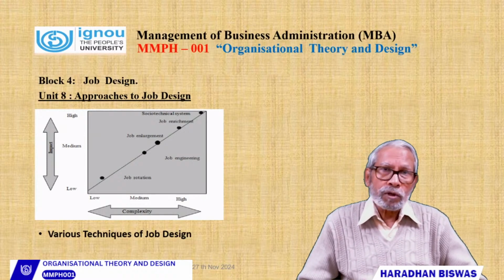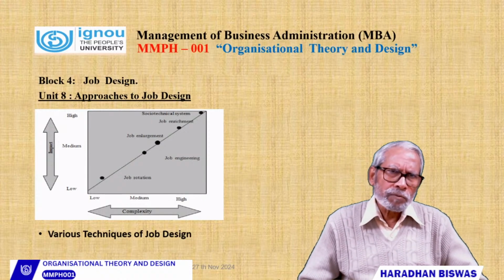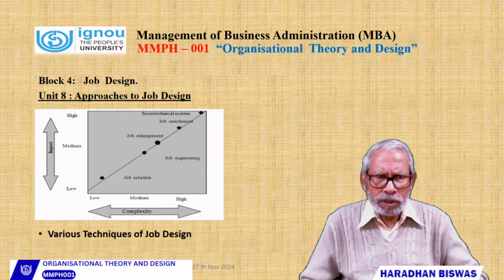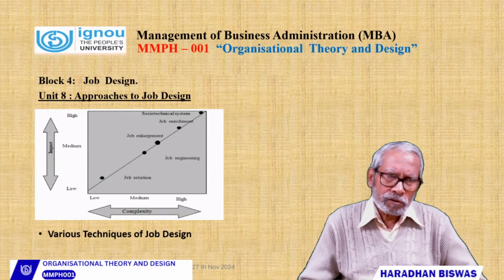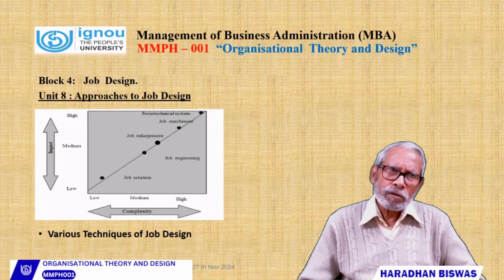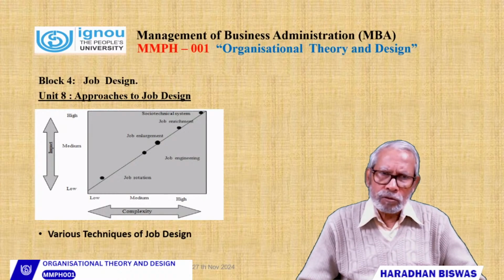So he has to learn, he has to do this. Maybe some stress, maybe the impact will come in the mind. So if you grow further, this is the way, then slowly you see the impact levels as well as the complexity levels will be higher. So this is the way the linear curve is shown. And finally, job enrichment has more impact and the complexity is also high.